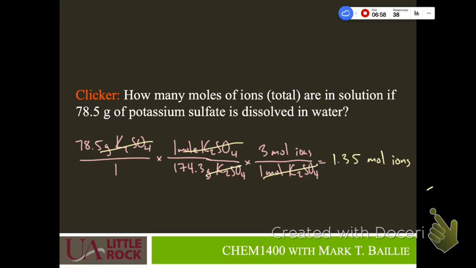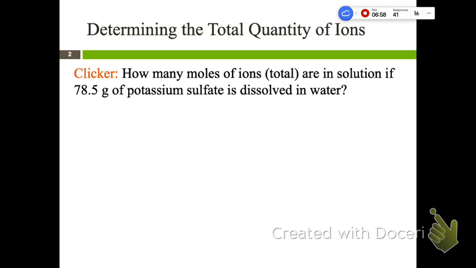What would this ratio be? If I just wanted to know the number of moles of potassium ions, 2 moles of potassium ions for 1 mole of potassium sulfate. What about sulfate? 1 mole of sulfate ions to 1 mole of potassium sulfate. So some people might have chosen to do that.